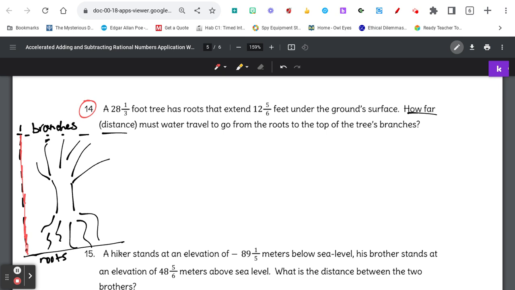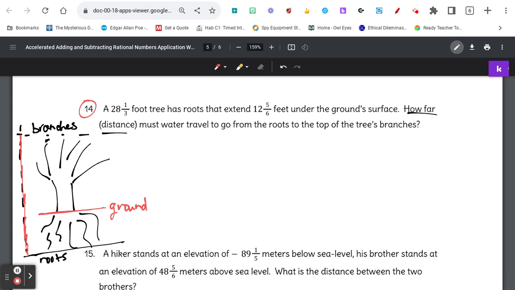Well, I know at the top, and this is on the ground. Of course, you all know the roots. We hope roots grow underneath, but sometimes we see they don't. All right, but we're going to assume all these roots grow underneath the ground. You've got a 28 and a third foot tree that has roots that extend 12 and 5/6 feet under.